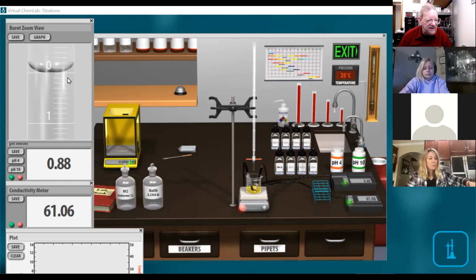Each line, 1, 2, 3, 4, 5, 6, 7, 8, 9, and the big one, 10, is 1/10 of a milliliter. You can also estimate in between and get 3 significant figures. So I can say this is at 0.00. Is everybody clear on that? And if the line were right here, it'd be 0.10, because each marking is 1/10 of a milliliter.